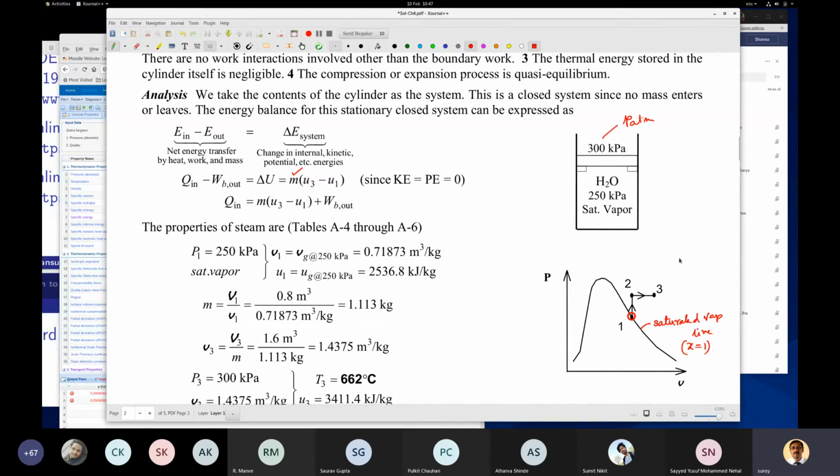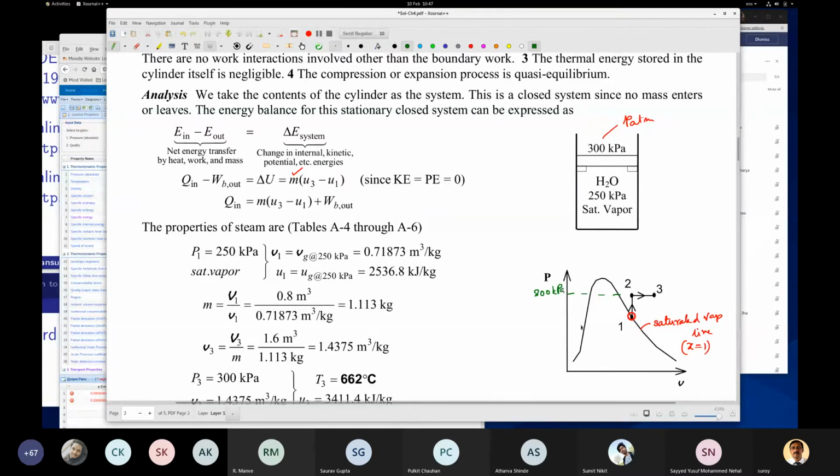So here what will happen is, let us write it down. So from 200 to 250 kilopascal, the volume will not change, right?